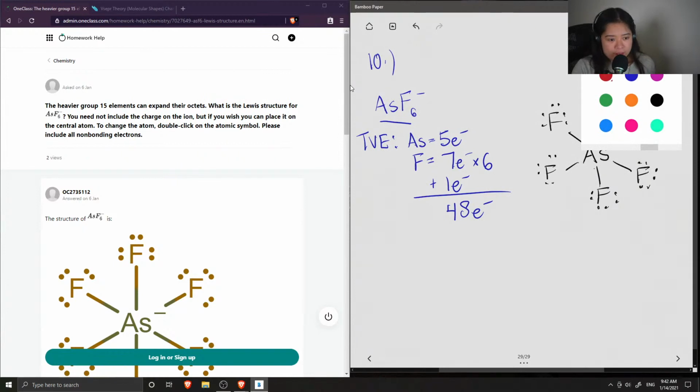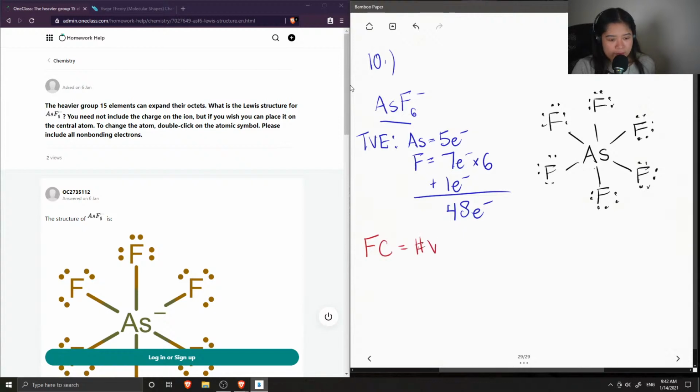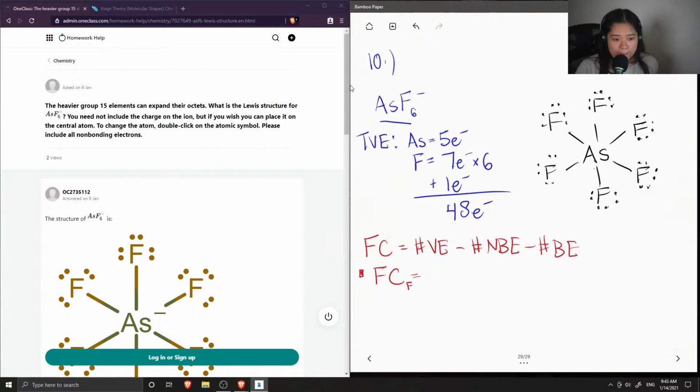Now we can double check by calculating the formal charge, which is equal to the number of valence electrons minus the number of non-bonding electrons minus the number of bonding electrons divided by 2. First, let's calculate the formal charge on one of the fluorines. All of the fluorines are the same, so we just need to do this once.